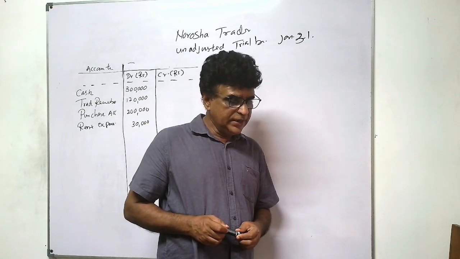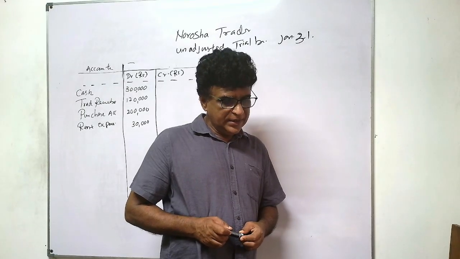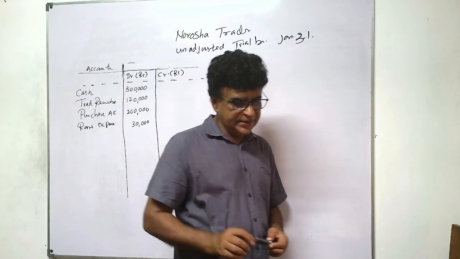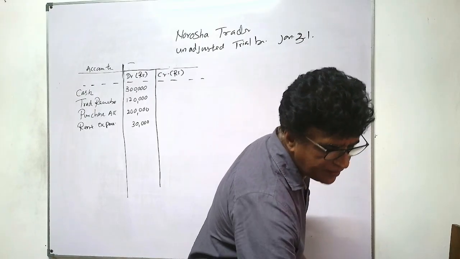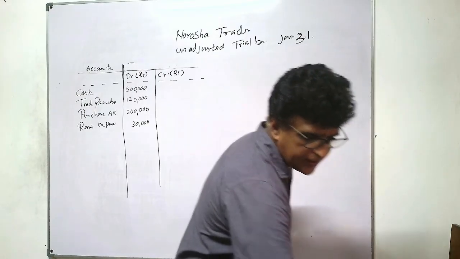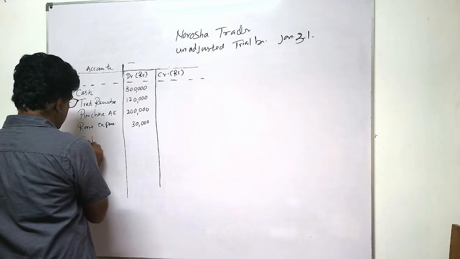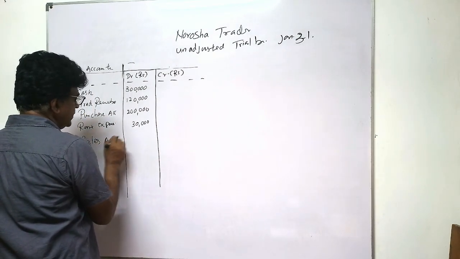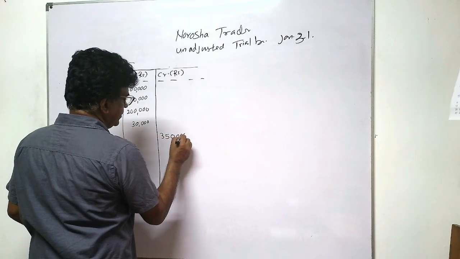And sales account, there is a credit balance of 350,000. Sales account 350,000.